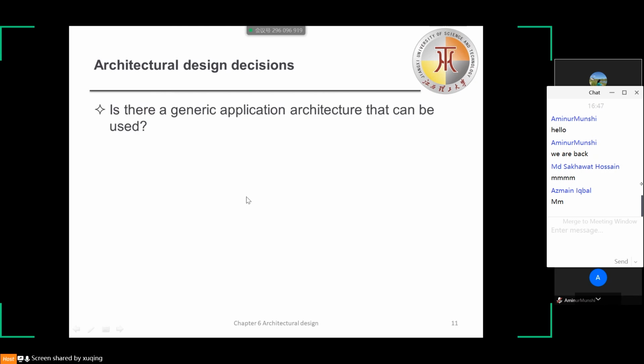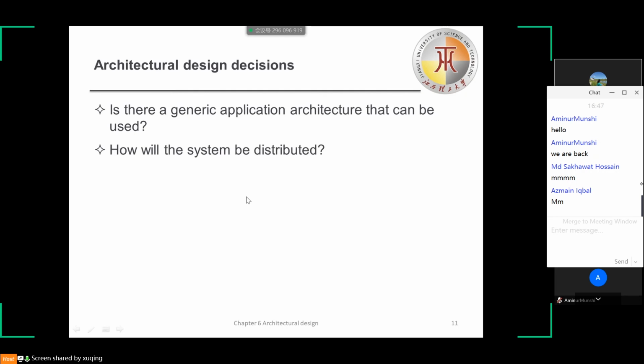Some questions are like this: is there a generic application architecture that can be used? That means, is there a generic architecture that can act as a template for the system being designed? If yes, then we can use the template directly.